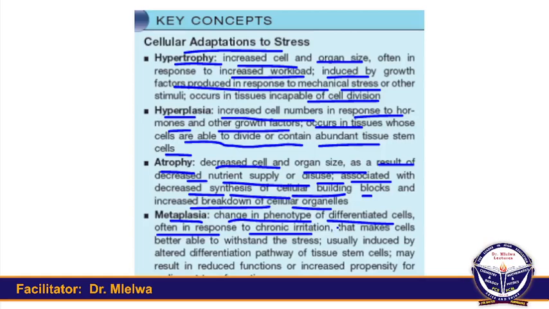anavuta, nimekutana na mtu leo anasema mvuta toka yuko darasa 3, sasa hivi na miaka 20, kwa anavuta. Ile chronic irritation inapelekea metaplasia that makes cells better able to withstand the stress.